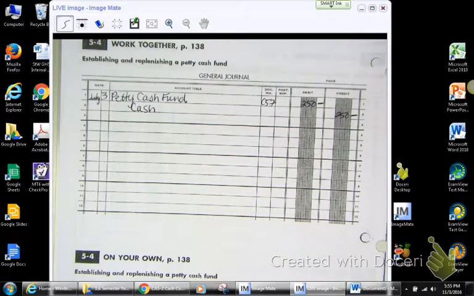And we did this on check 97. If we add up the amounts for supplies, $25, miscellaneous expense, $8, and repairs, $45, that all adds up to the $78 that we're going to replenish the petty cash fund with.